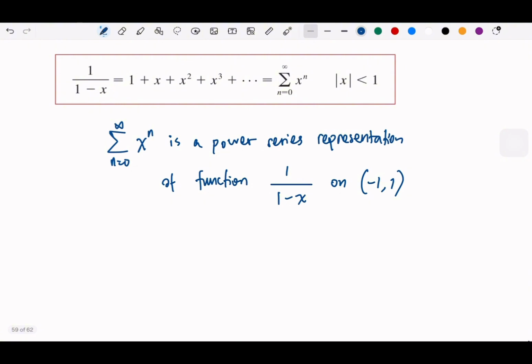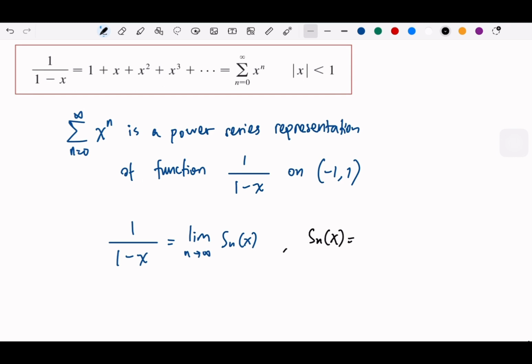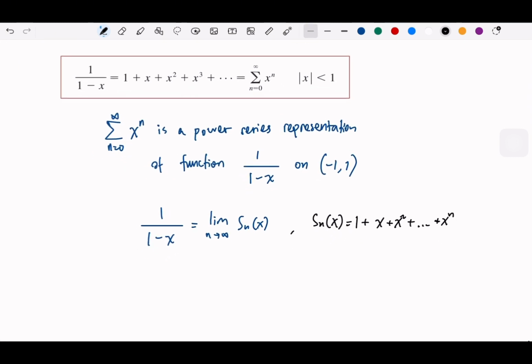And we can also write 1 over 1 minus x as a sum, or we can take the limit of the partial sums Sn of x, like we did in previous pages, where Sn of x is 1 plus x plus x squared plus dot dot dot. So this is the nth partial sum.